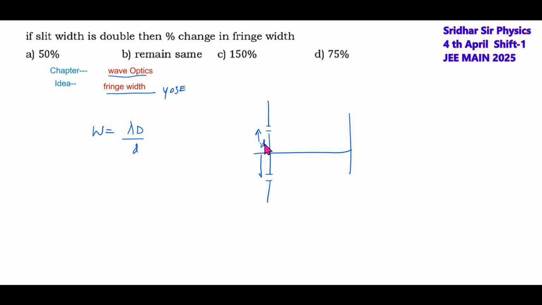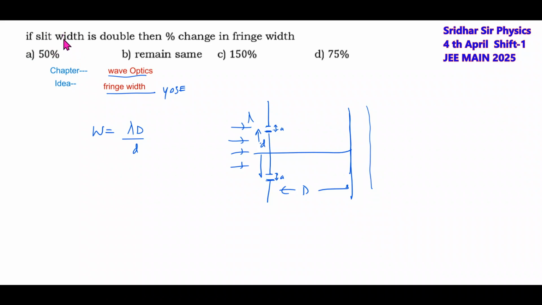If the slit width is doubled, what will be the effect on the fringe width? This will be capital D. Here we have the slit width, call this A. Now a light of wavelength lambda is incident. What will be the effect on the fringe width?